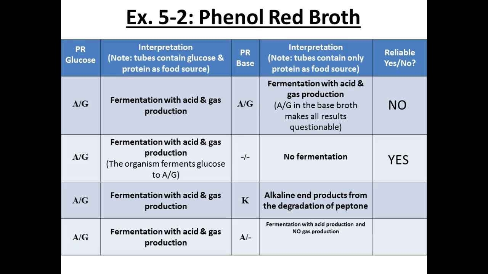They're like, okay, fine, all I have is protein, I'll eat it. That's a reliable result. Can they, in a protein-only tube, ferment that and produce acid? No, this is not a reliable result. How did that happen? There's no glucose there.